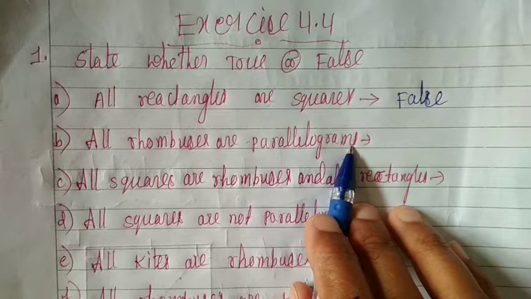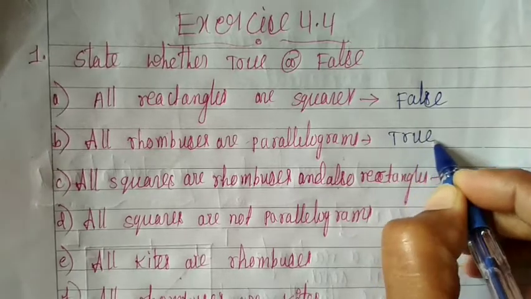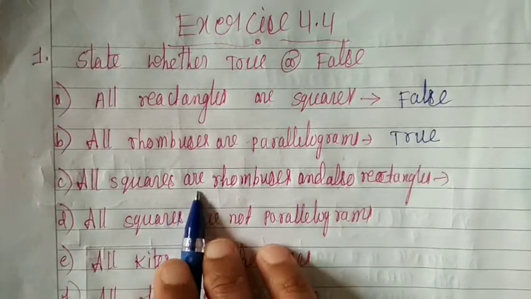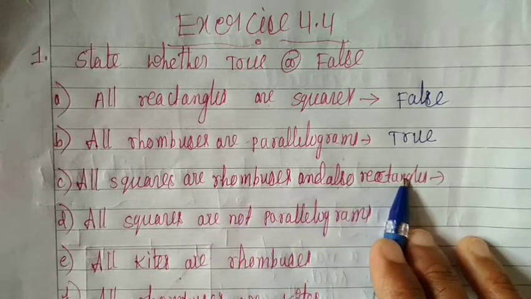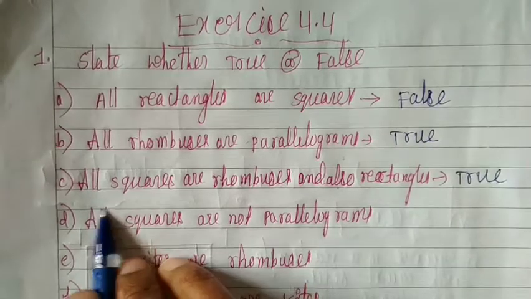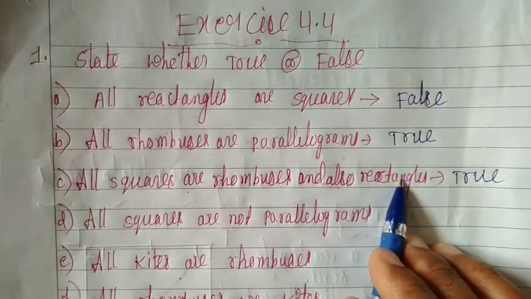Yes, true. Third one, all squares are rhombuses and also rectangles. True.